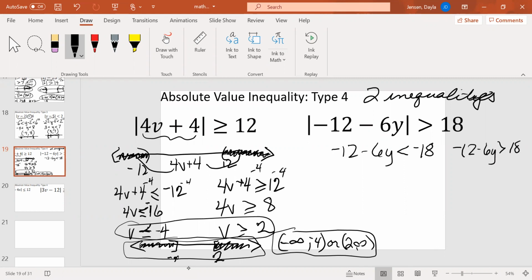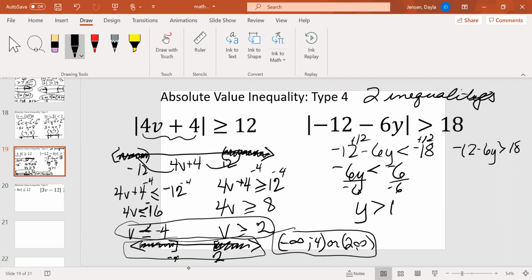So let's go ahead and add 12 to both sides. Minus 6y is less than negative 6. Now here's where you have to be careful. If I divide both sides by a negative, I have to reverse the sign. So instead of being less than, now it has to be greater than. So y has to be greater than positive 1.